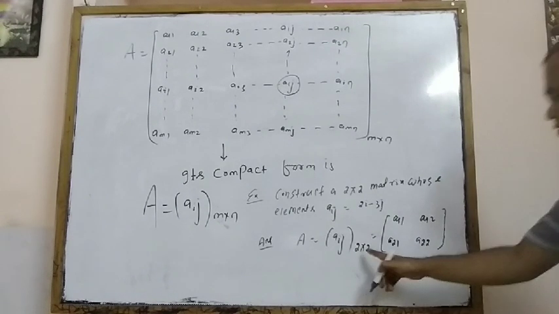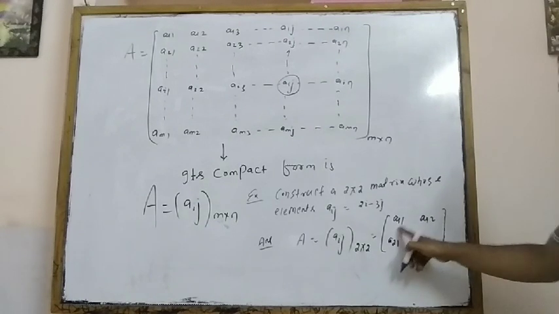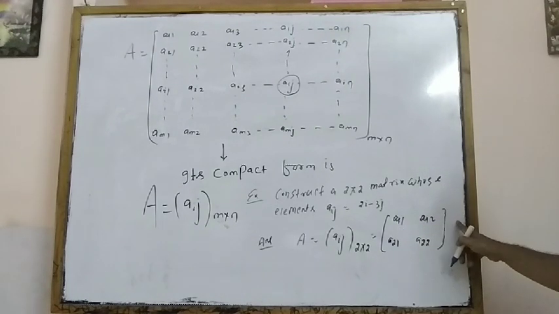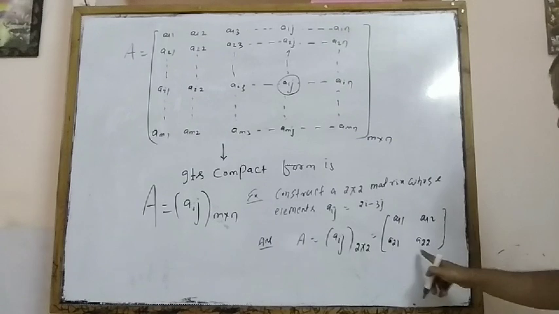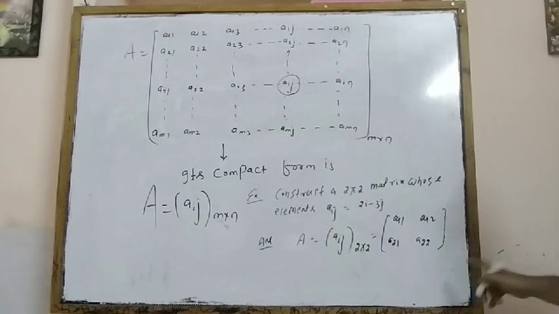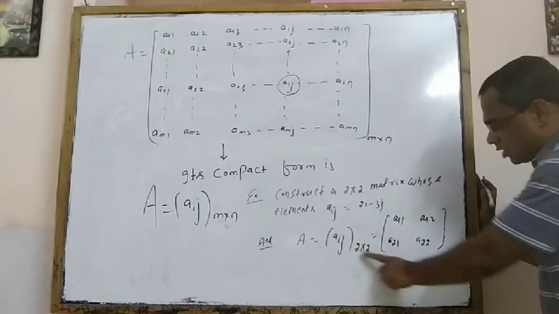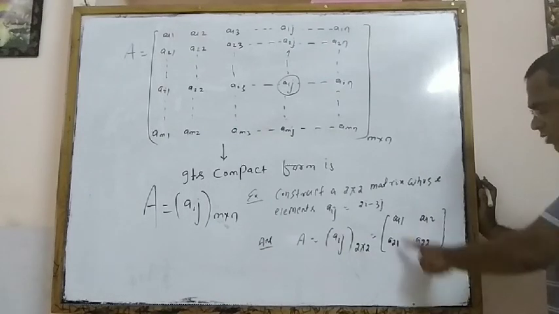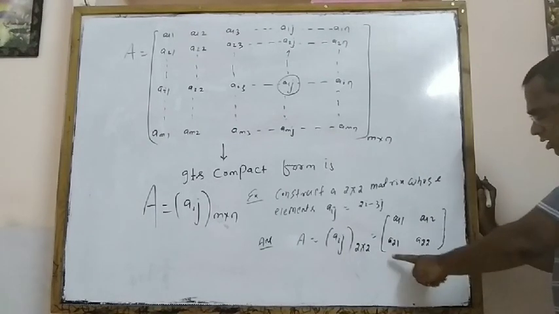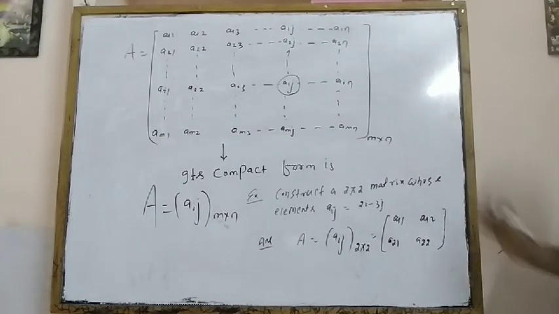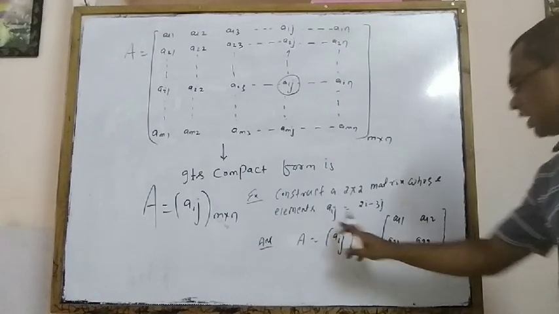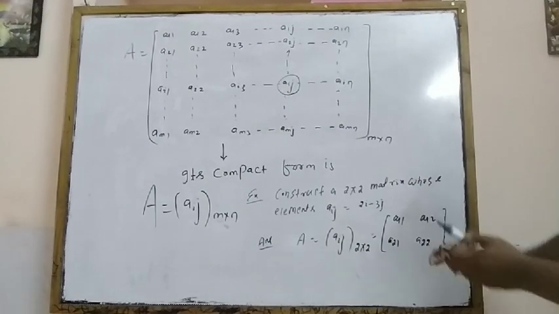Suppose we make a 2 cross 3 matrix, then we write A11, A12, A13, and A21, A22, A23. Here, with 2 rows and 2 columns, we write A11, A12, A21, A22.